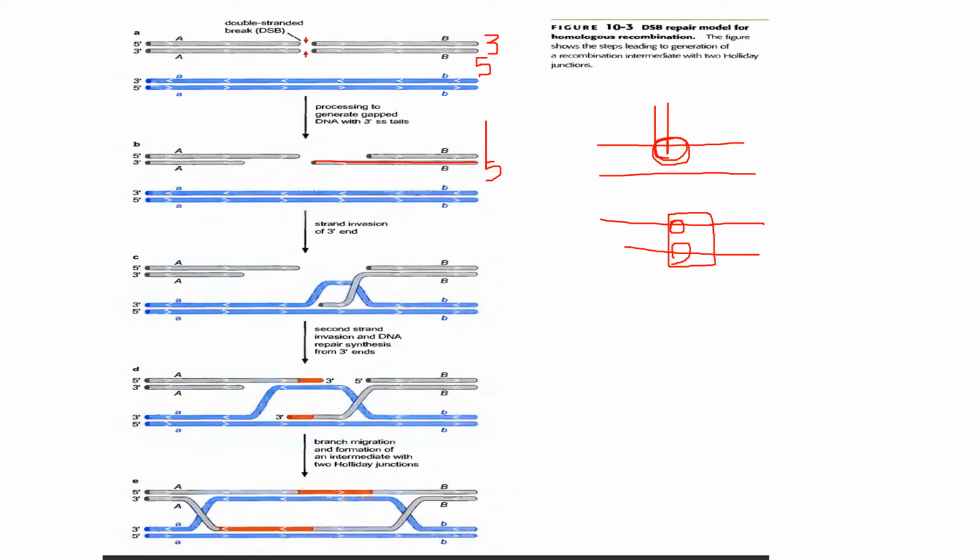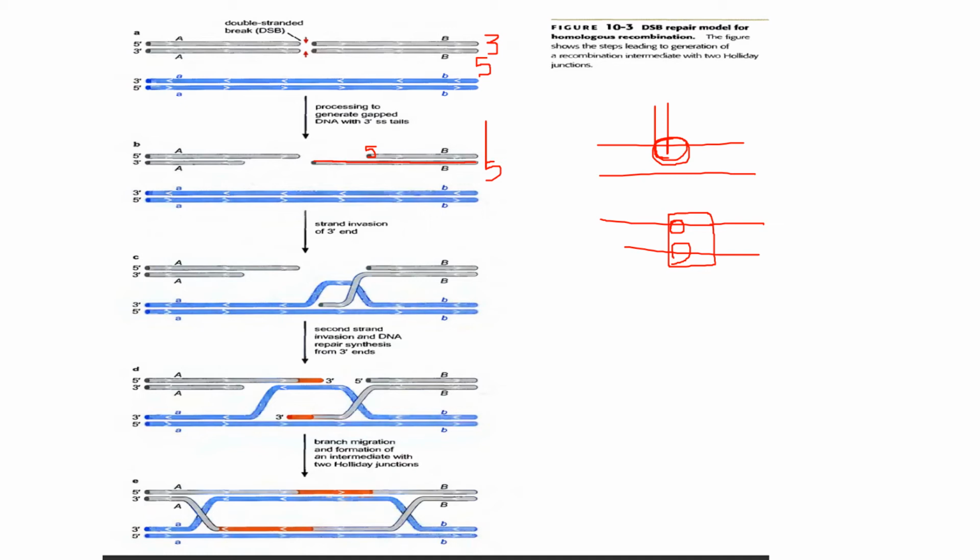You can see that there is an extension at the 3 prime end, whereas this would be the 5 prime end, and processing means this much DNA strand has been cut.